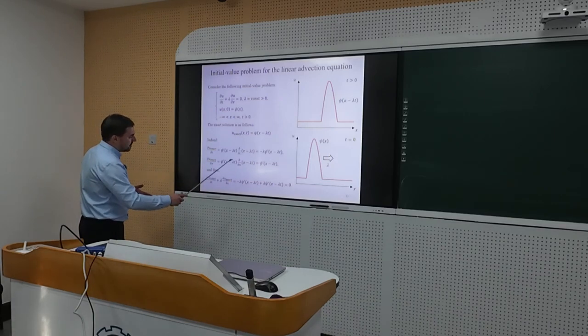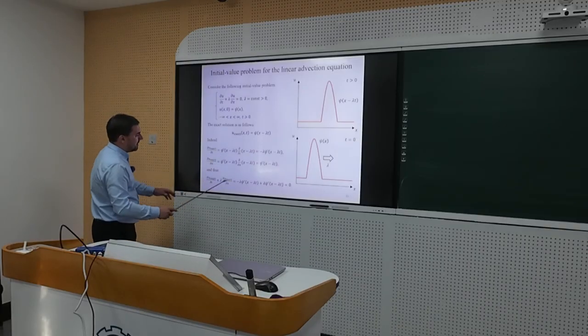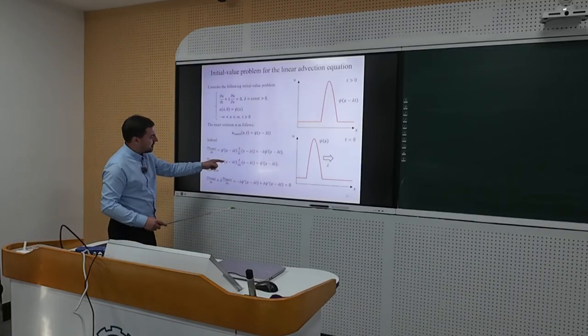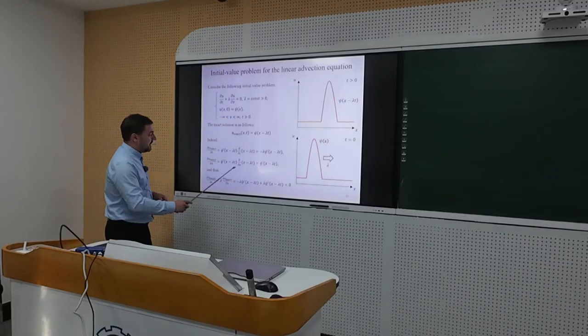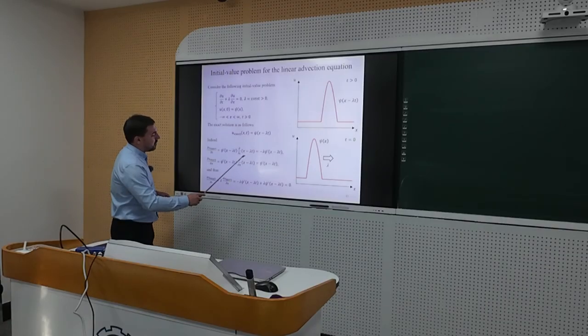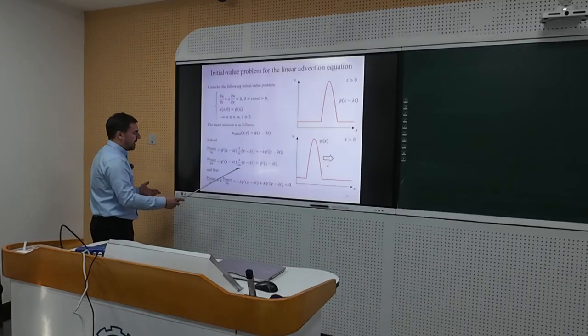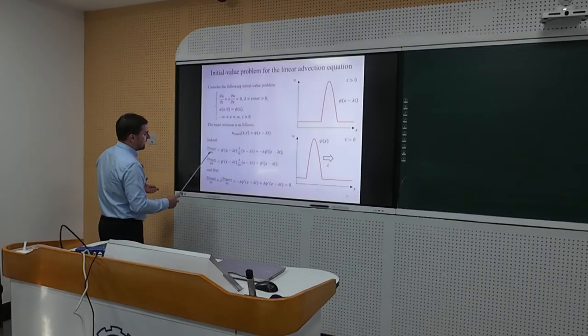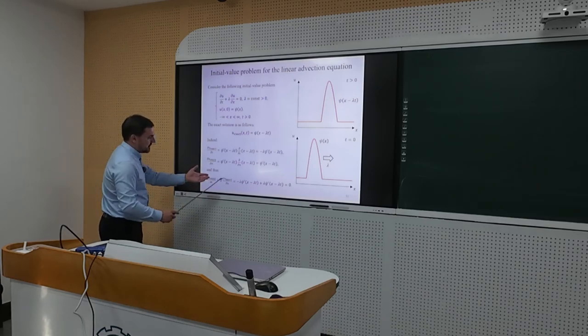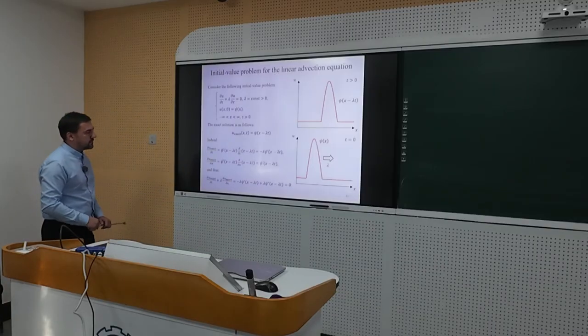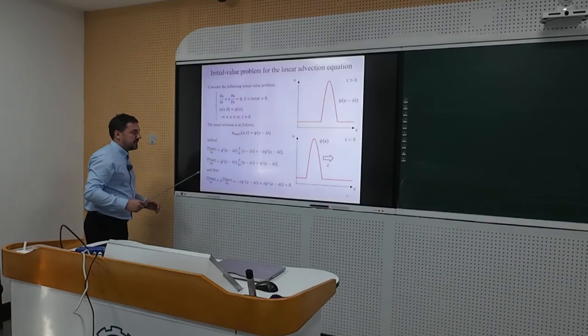Once again, psi prime of x minus lambda t is the derivative with respect to just one argument of our psi function, and then d over dx of x minus lambda t is just unity, because dx over dx equals unity. That is why we can put this d exact over dt and d exact over dx into our equation and see that indeed it equals 0. That is why indeed this is the exact solution.